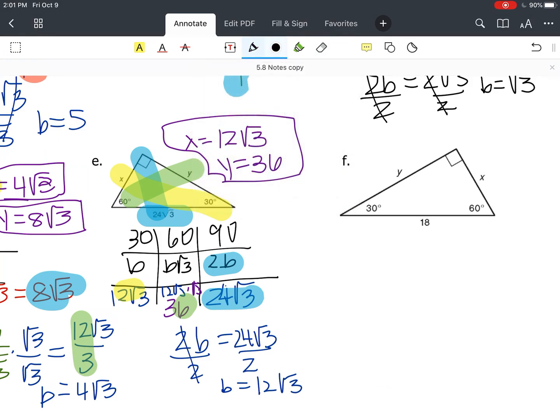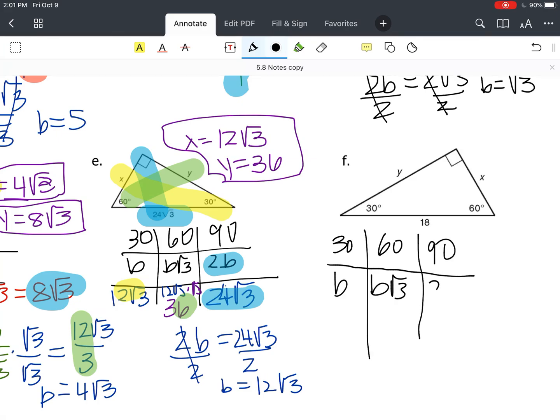All right, last question. Woohoo. All right, draw the chart again. b, b root 3, 2b. There you go. All right, let's see what they gave me.